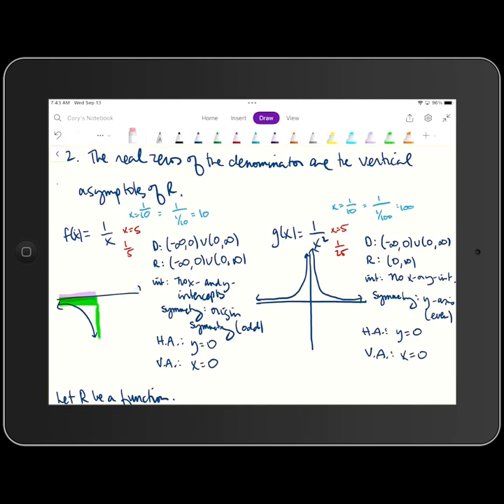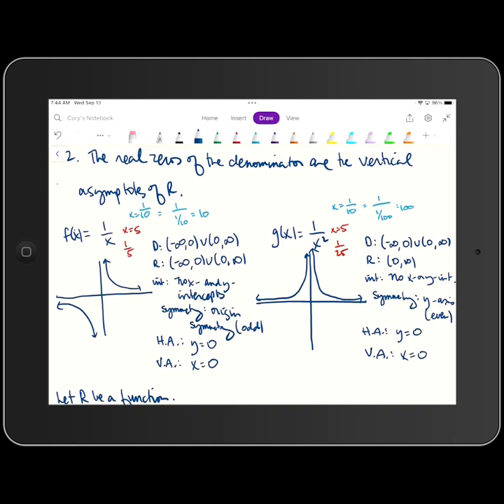Sorry, I'm going to just erase this really quick. Okay, so the function 1 over x graphically looked like this. So when we look at that function 1 over x, again, that rational function is in lowest terms.